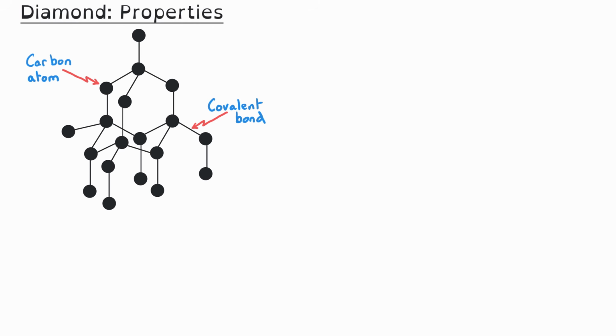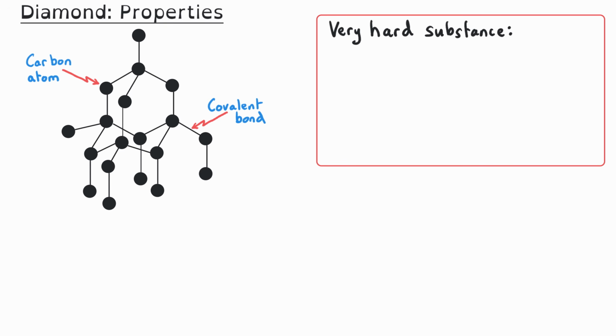There are 3 properties of diamond that you need to know about, and each of them is caused by the structure and bonding of diamond. First of all, diamond is a very hard substance, meaning it resists being deformed and its surface can withstand penetration, abrasion and scratching.